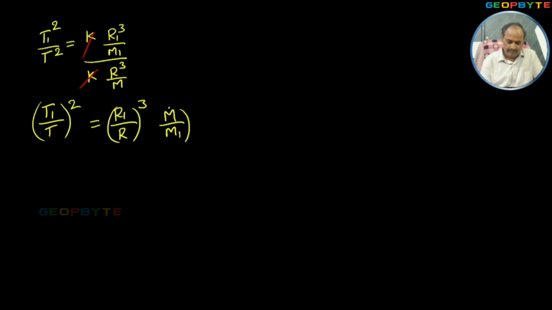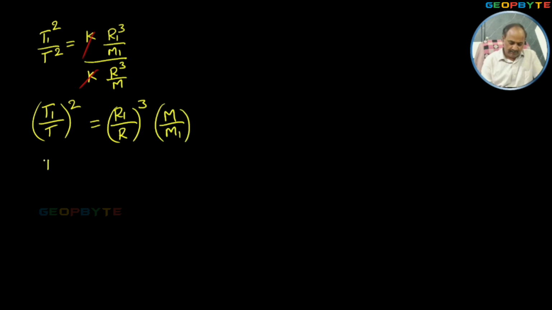Similarly, T square equals k into r cube by M. So from this I can write that T1 by T whole square, the constant k is cancelling, here it is r1 by r whole cube into M by M1.